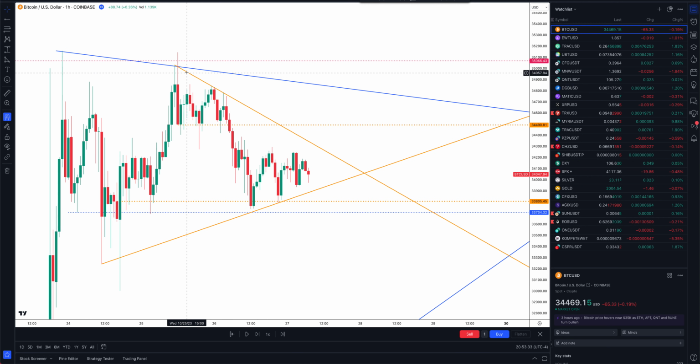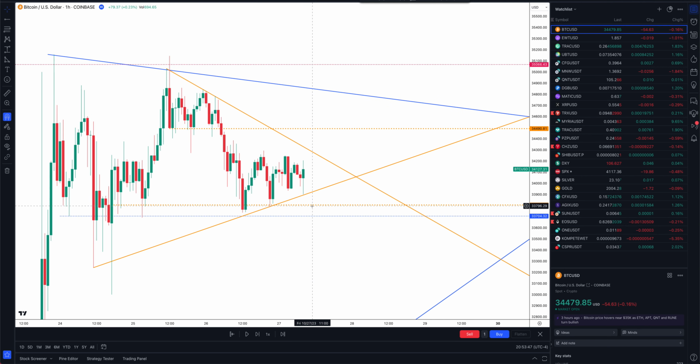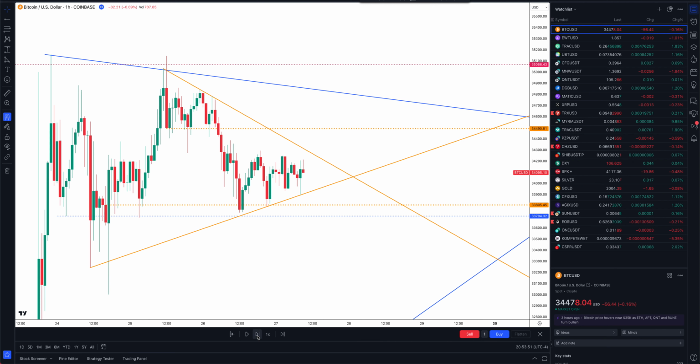So we have this local downtrend, we have this local uptrend. If we use the replayer tool and see what happened, you can see that it supported this 1 hour. Keep in mind we have this 1 hour support along with this 4 hour support as well. So let's keep moving forward.